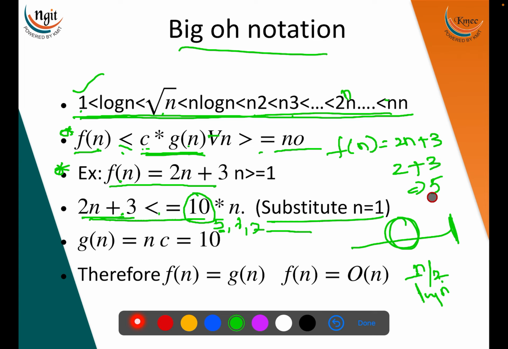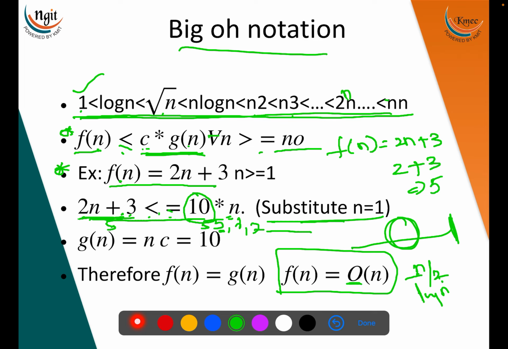It doesn't mean that you have to take only 10. Now keep in mind, 2n plus 3 is less than or equal to 5 into n. Substitute n equal to 1. 2 into 1 plus 3 is 5, and 5 into n is 5. 5 equals 5. Finally, it makes f(n) equal to big O of n.